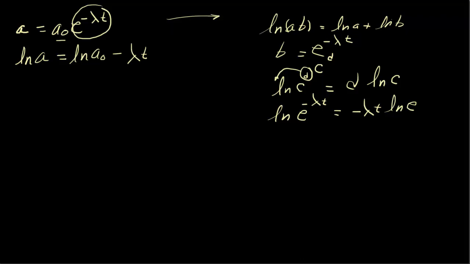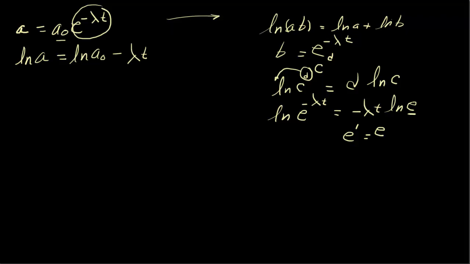Now, all this is really asking us, when we are taking the log of a number, is the number that we have to raise e to in order to get that number. So what power do we have to raise e to in order to get e? Well, we know that e to the 1 would be equal to e.